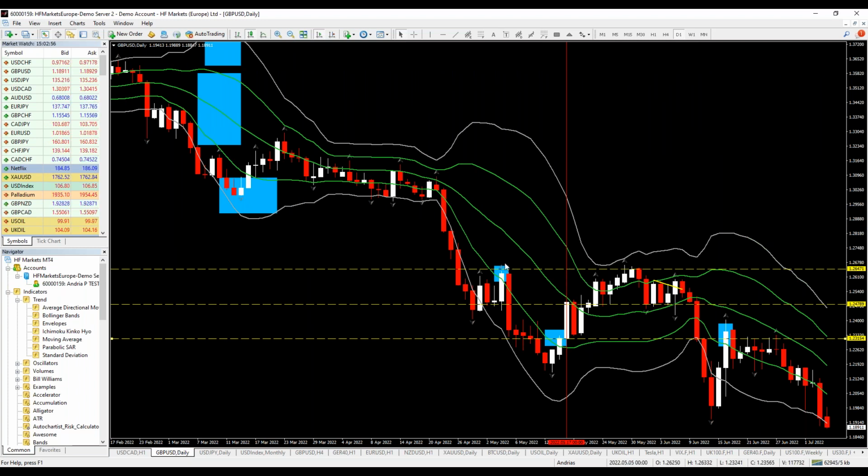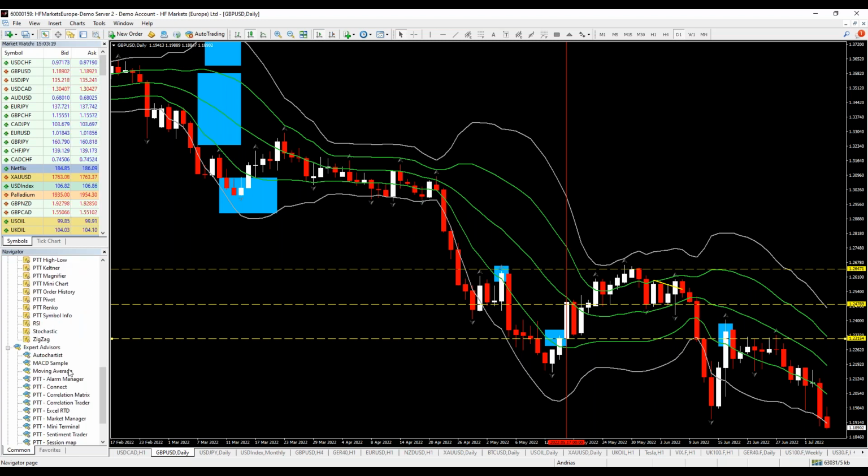That's why, in order to avoid this kind of misleading situations, you need to combine it with another indicator. That's upon your preference. It might be MACD, it might be something else, RSI, and etc.